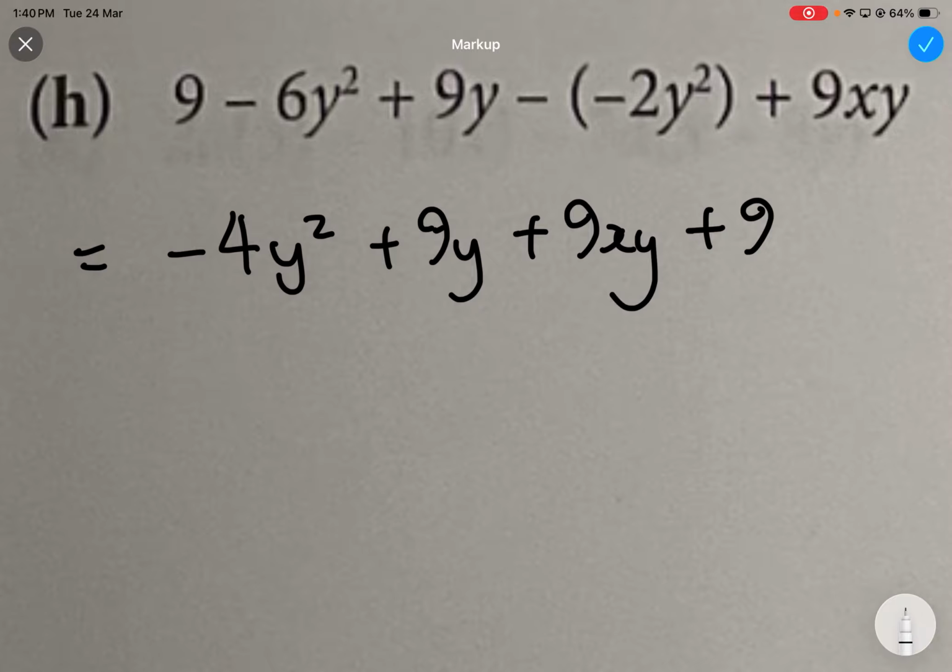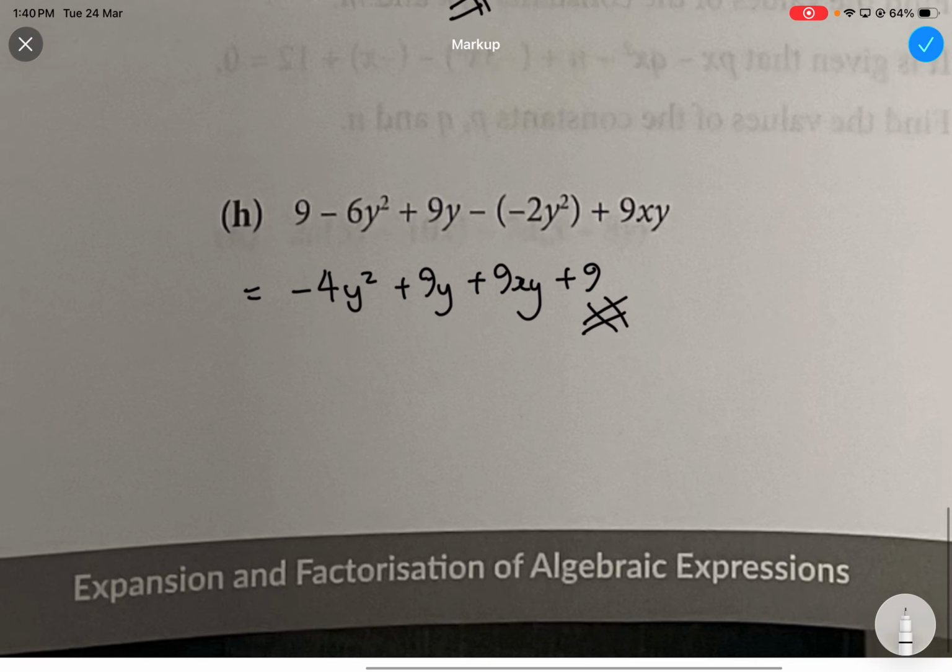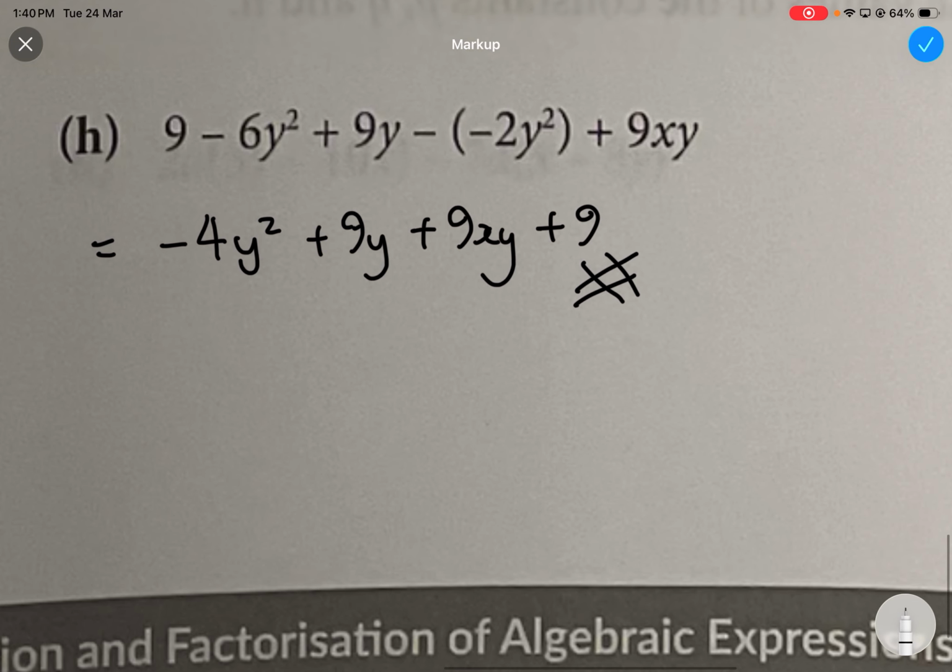So 13x. Answer. Cannot simplify already. You have an x squared term, you have an x term. Okay? So addition only, very simple.